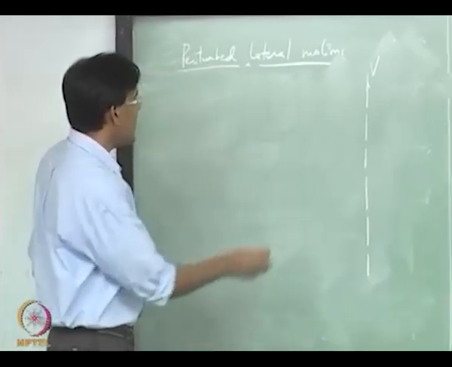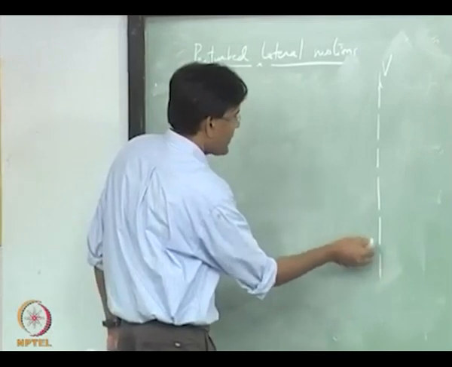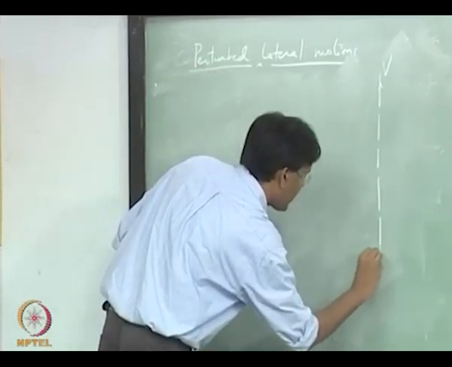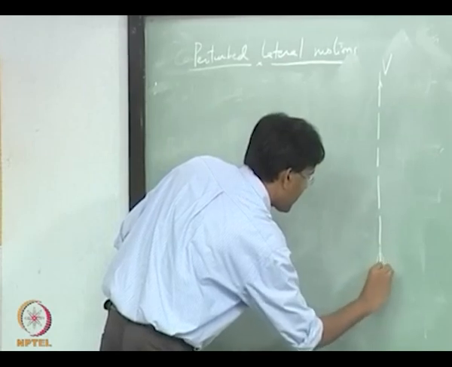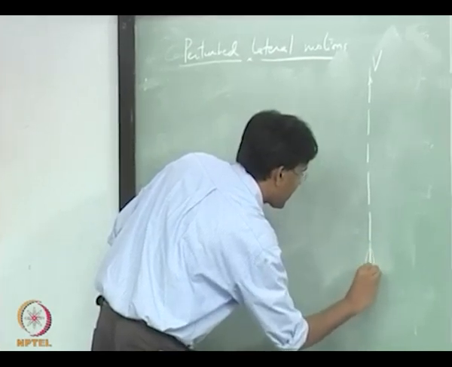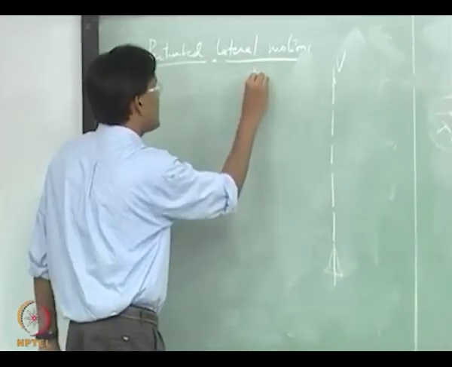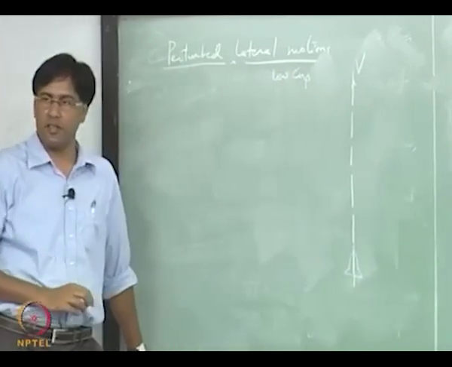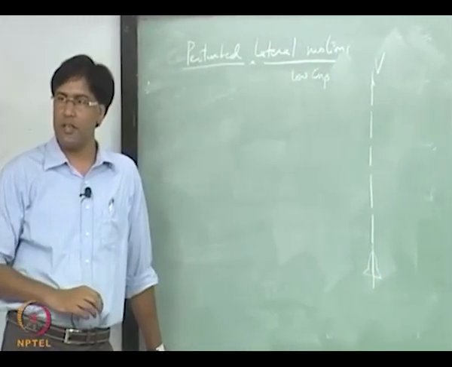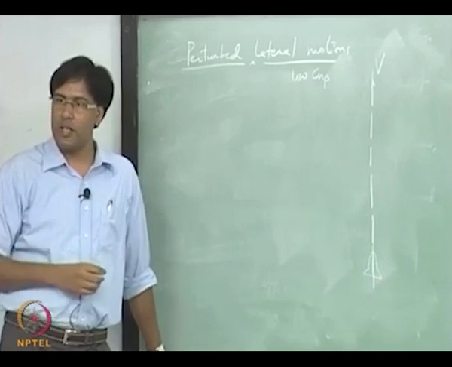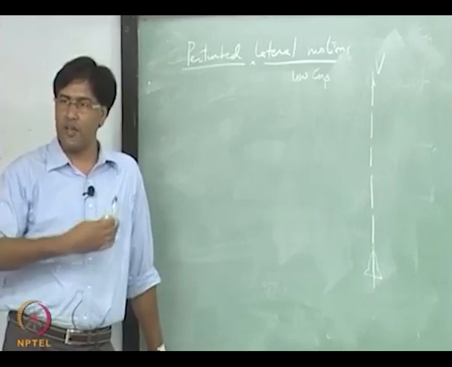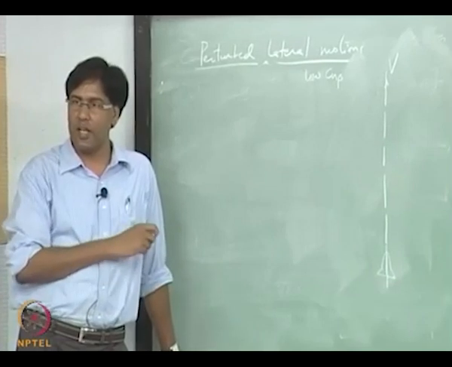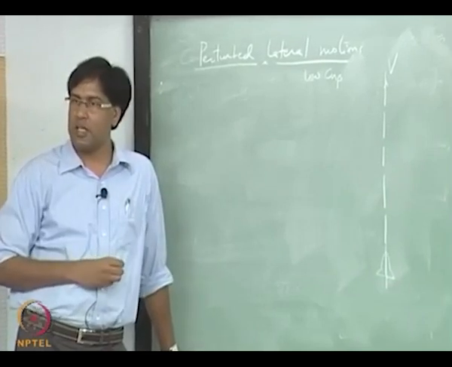If the aircraft is having a low Cn beta, okay, a small Cn beta, what effect will that have on the aircraft motion?